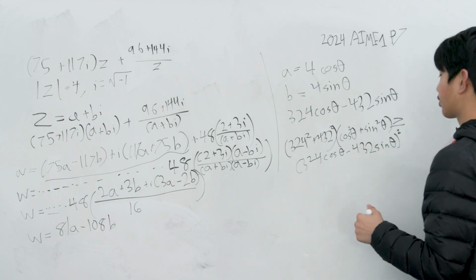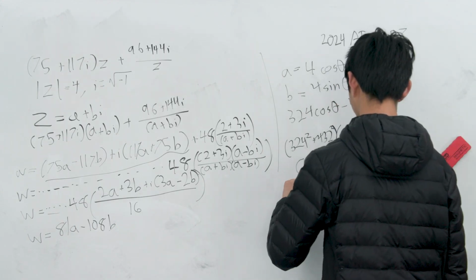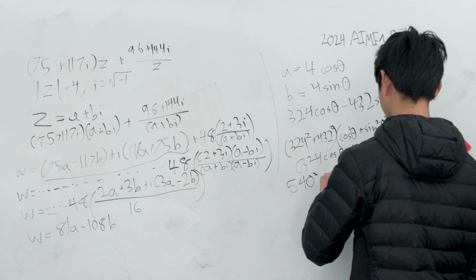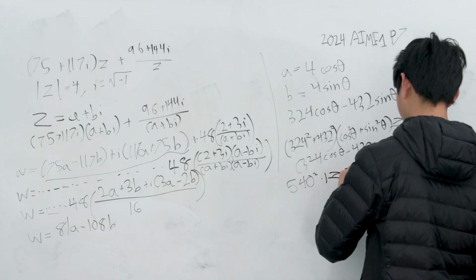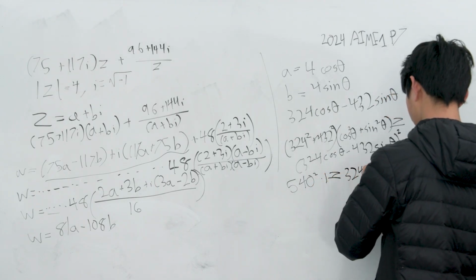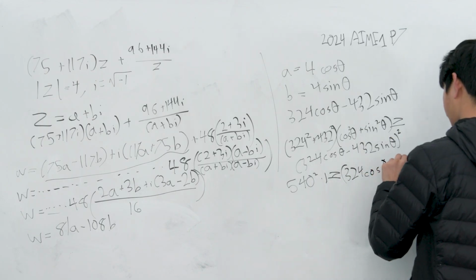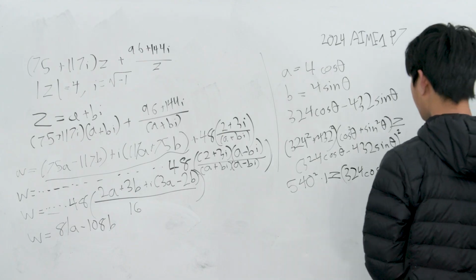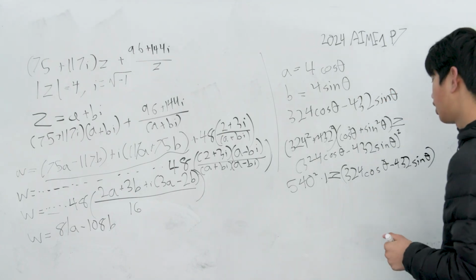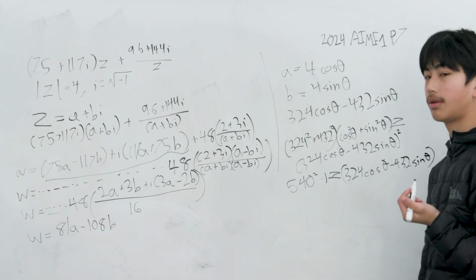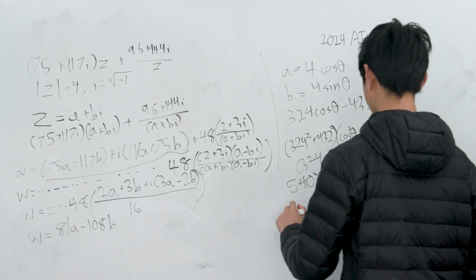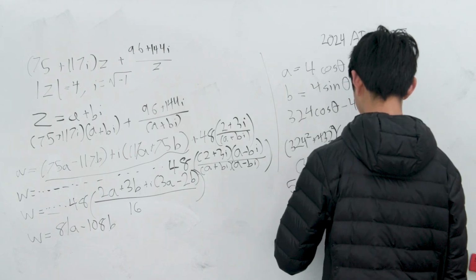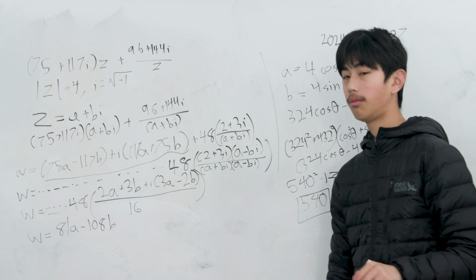So we can get rid of the square. We get 540 squared times 1 greater than or equal to (324 cosine theta minus 432 sine theta), and right here we have our answer. Because we want to maximize the value, our answer is simply going to be 540 for this problem, and we are done.